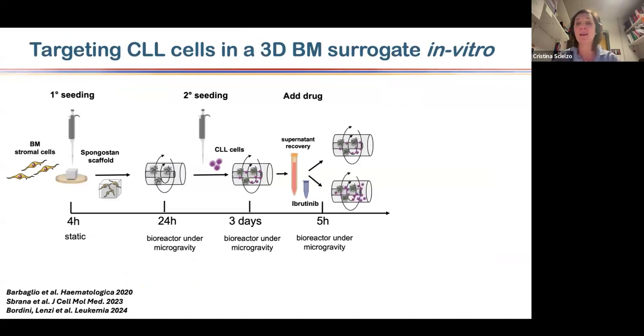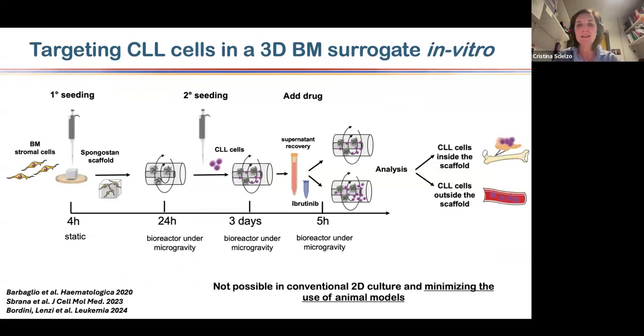In particular BTK inhibitors, such as ibrutinib, which is used as first line in clinical practice. They work by mobilizing the cells from the tissue into the peripheral blood. So clearly, it's not possible to test these in conventional 2D culture models. We decided to test it in our setting, and we could analyze the cells that are mobilized after the addition of the drug and also those that remained in the scaffold.